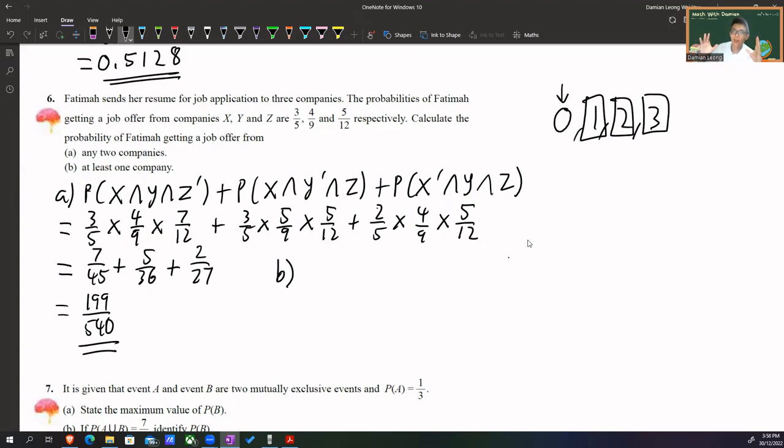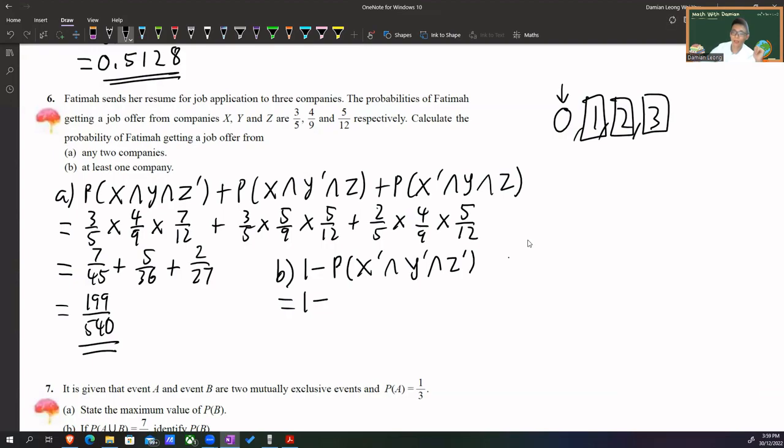So I can always use the complement, means I find 1 minus probability of getting offers from 0 companies, means all 3 companies do not offer her the job.